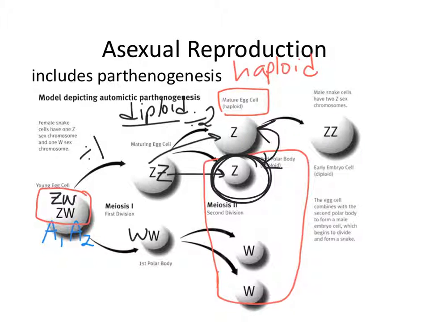In the process of making one oocyte, if it happens to be next to one of the polar bodies and those 2 cell membranes fuse, like at fertilization between a sperm and an egg, in this case an egg and a polar body, that produces a diploid individual.